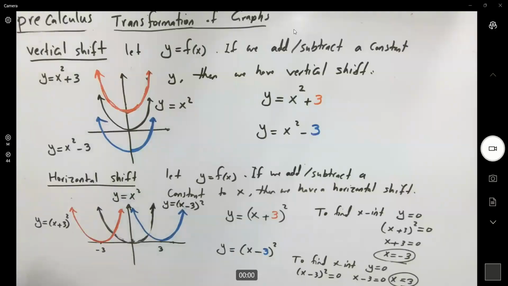Very well. Let us go back to our Desmos. Let's see what our observations are here. Let's take a look at these graphs.